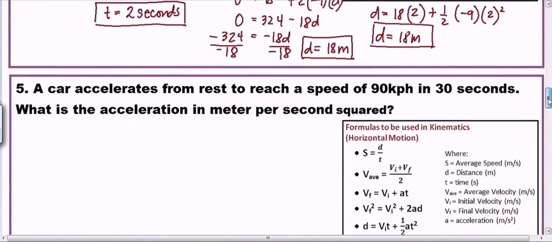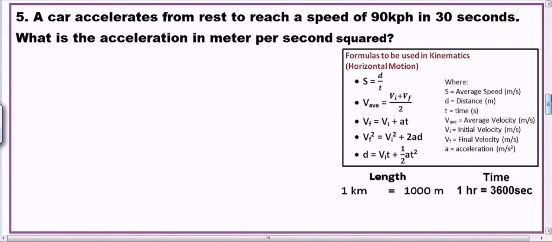Okay? Let's have the last example for this part. Okay, a car accelerates from rest. O, dun pa lang meron na kayong from rest. So, pag sinabing from rest, ibig sabihin yan, guys, ang VI ko ay 0. Kasi hindi pa siya umaandar, so ang initial niyan ay 0. To reach a speed of 90 kilometers per hour.